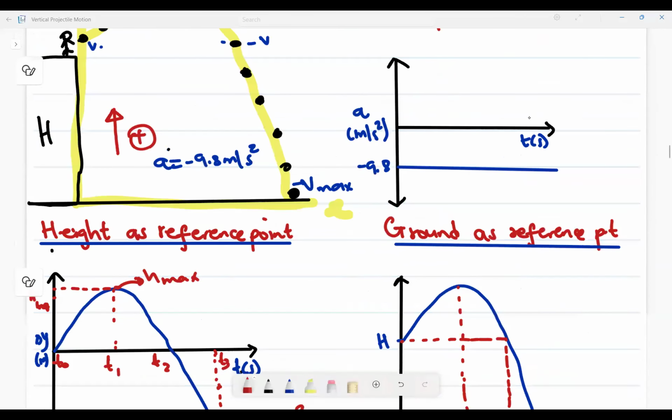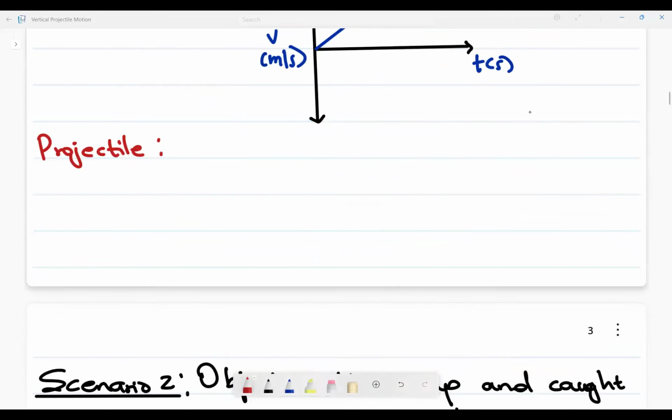Okay, yes. Now the word that I'm looking for is indeed projectile.